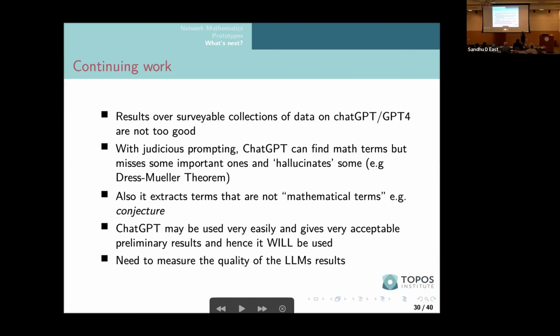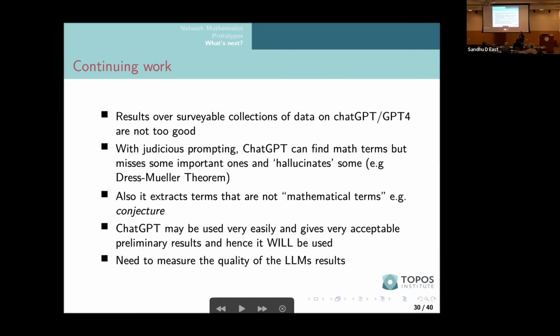So in our case, the only example that I could see of a mathematical hallucination in this particular experiment was something that doesn't exist called the Dress-Miller theorem. What the sentence said was simply that Dress and Miller proved a result, blah, blah, blah. But the fact that they proved a result does not mean that there is such a thing as a Dress-Miller theorem.